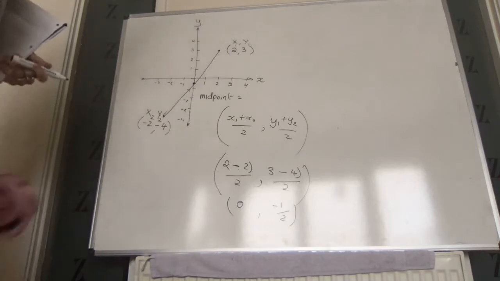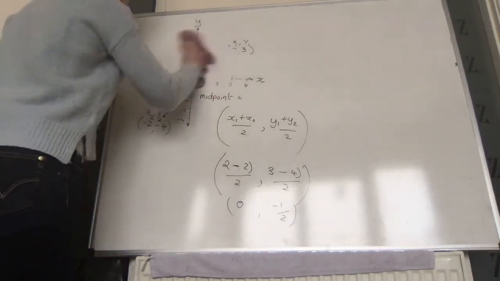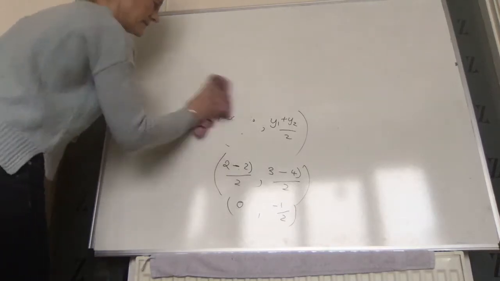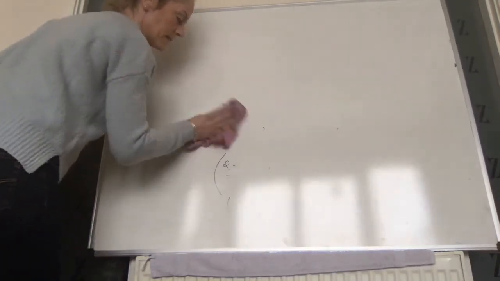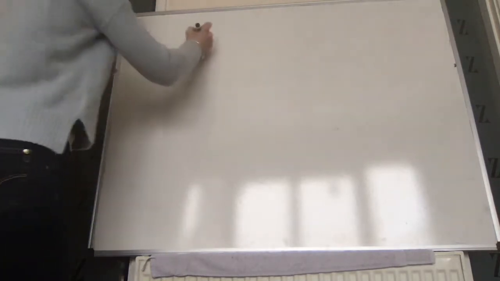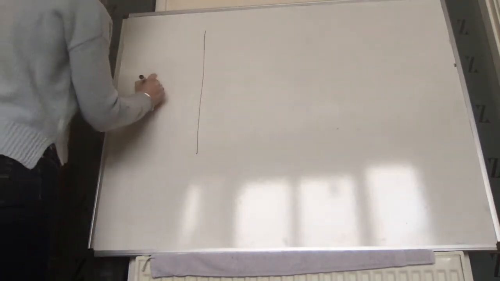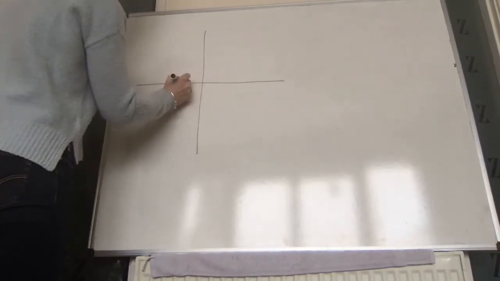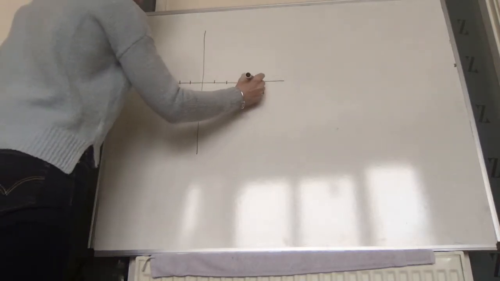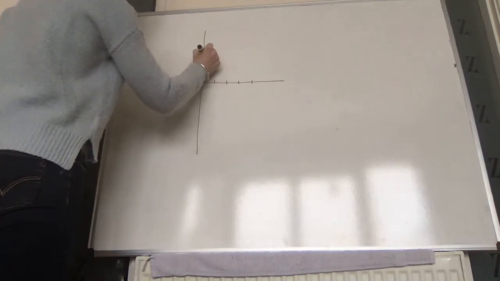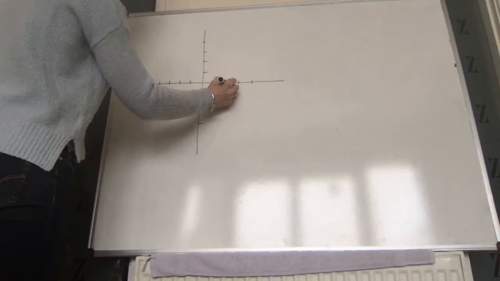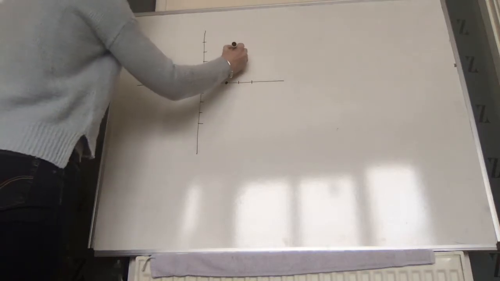The other one that you would have done, as far as I'm aware, is the formula for the distance between 2 points. So we'll use the same 2 points and we'll find the distance between them. So we had, I think, the point out 2, up 3.